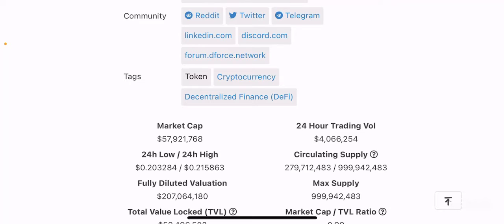I think this project can definitely grow higher, and it can definitely make a really good yield for people as well, right? So with regards to that, I think the market cap of less than $60 million is, in my opinion, kind of undervalued, right?